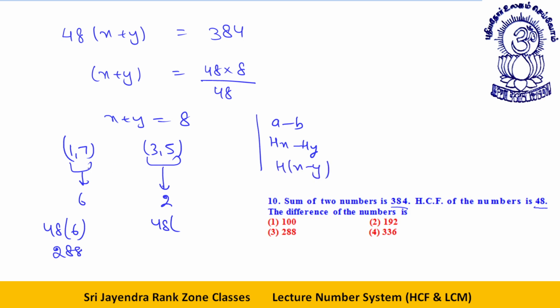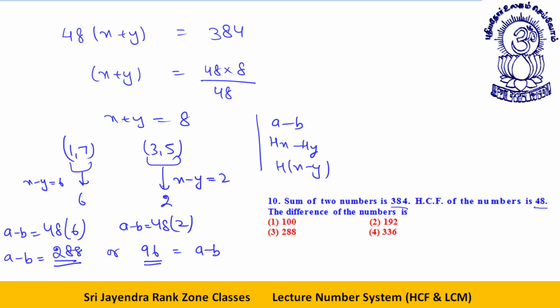This is what I am doing here. Here x minus y is equal to 6. Here x minus y is equal to 2. So a minus b could be 288 or 96. That way a minus b is equal to 288 or a minus b is equal to 96.